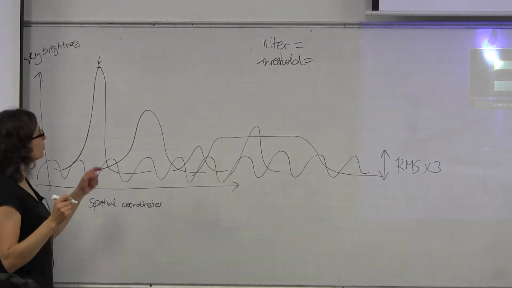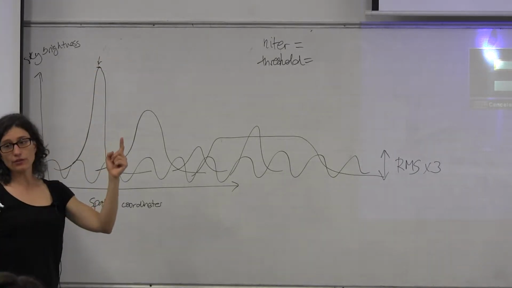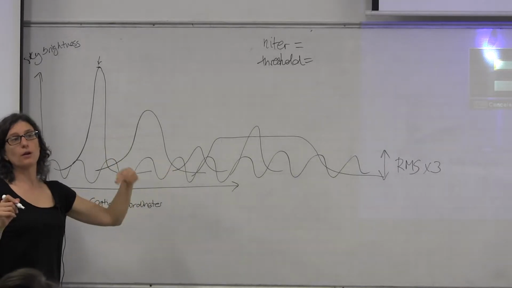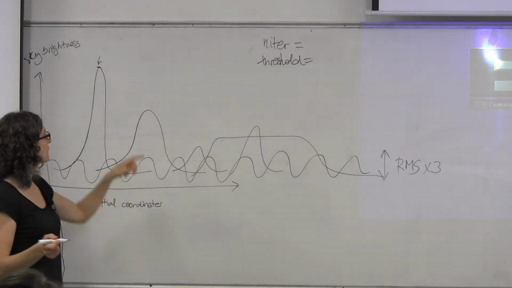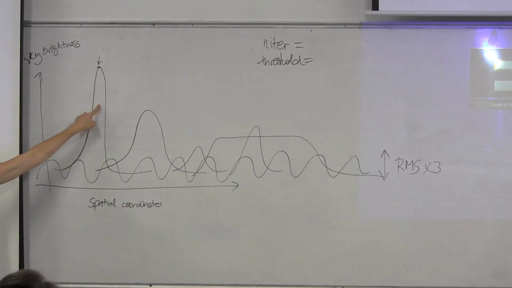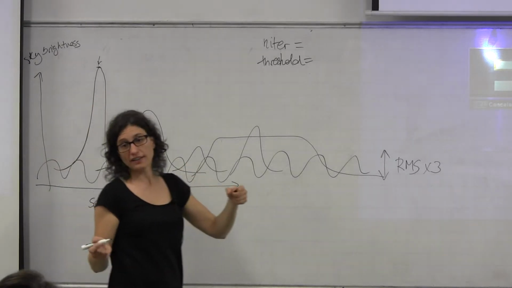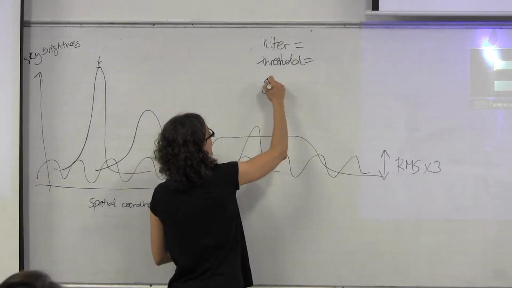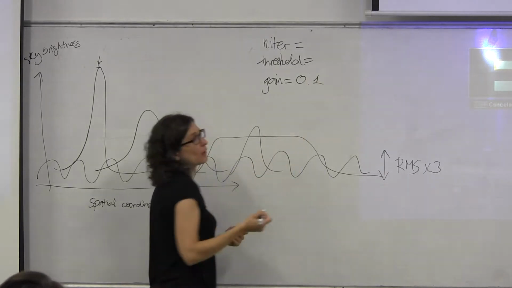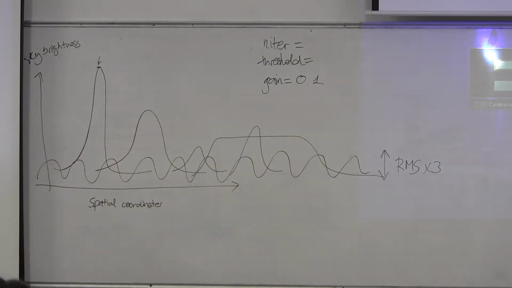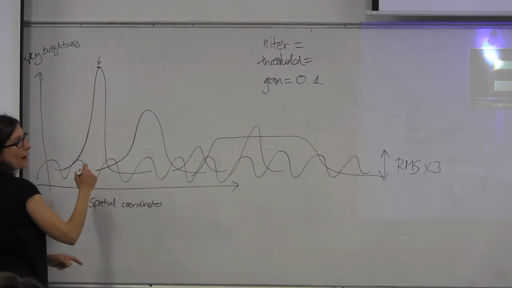So I'm going to take a point source, convolve it with the Gaussian smooth version of my beam, and subtract it from here. I will not subtract it completely because I have the gain. If the gain is 0.1, I'm going to subtract only 90% of my source.